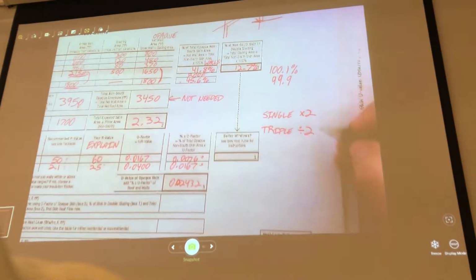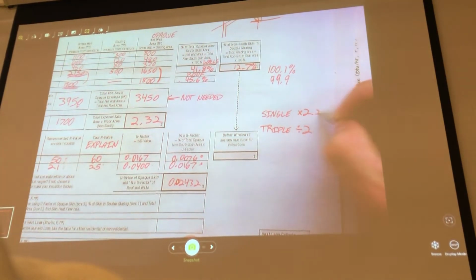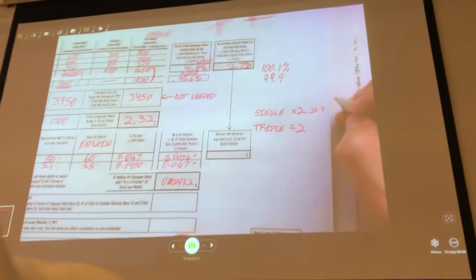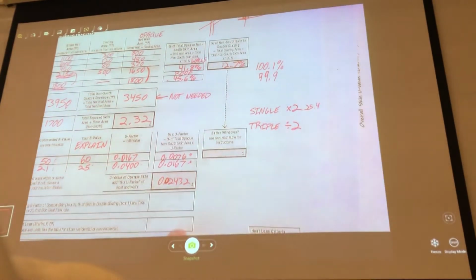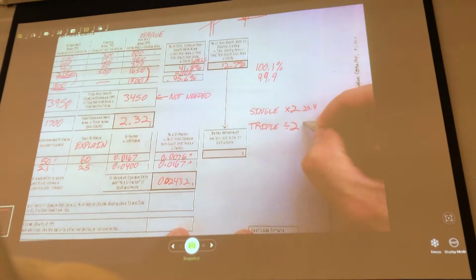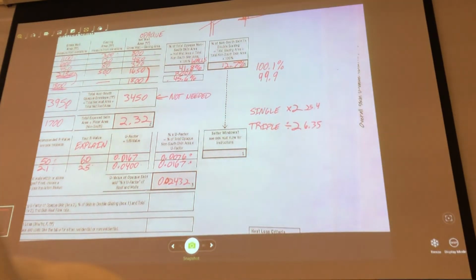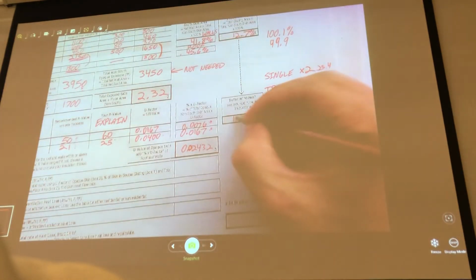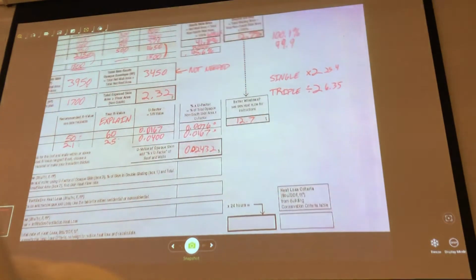So in this case, I would have a factor of 25.4. If I were to take that in half, I would have it be down to 6.35. Make sense? All right. I'm going to go ahead and stick with the double pane glass.